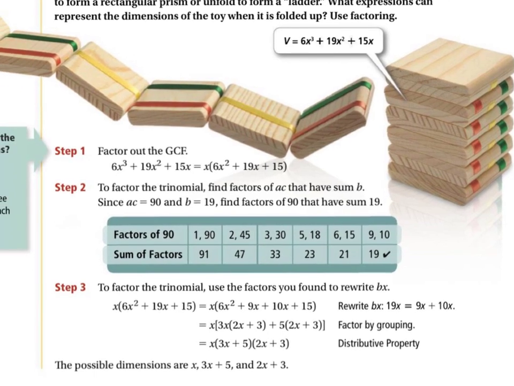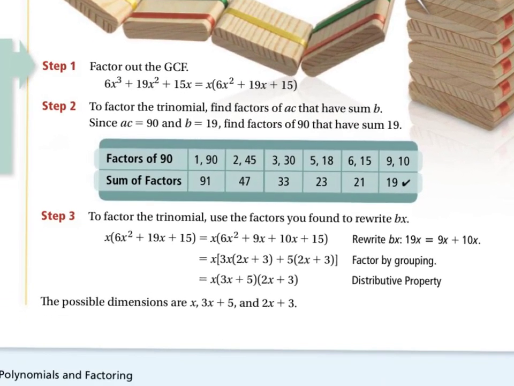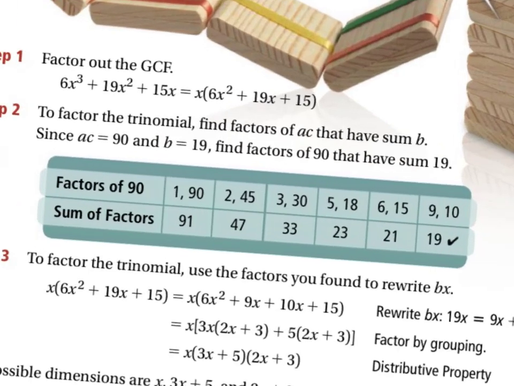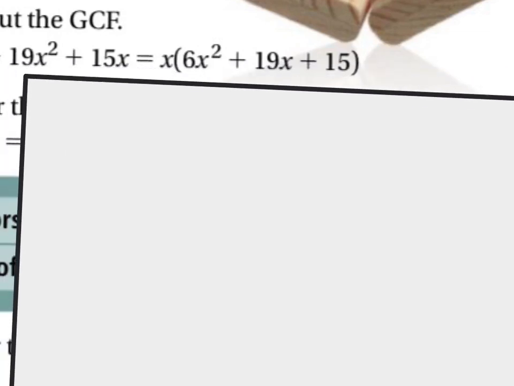So the first thing they did is there was a GCF of x. And then this one now actually only has 3 terms left, so you could just go ahead and factor it. What the book is doing is splitting up that middle term and then doing factoring by grouping. But like I said, once you got to this point, you could just say, I'm going to factor that.